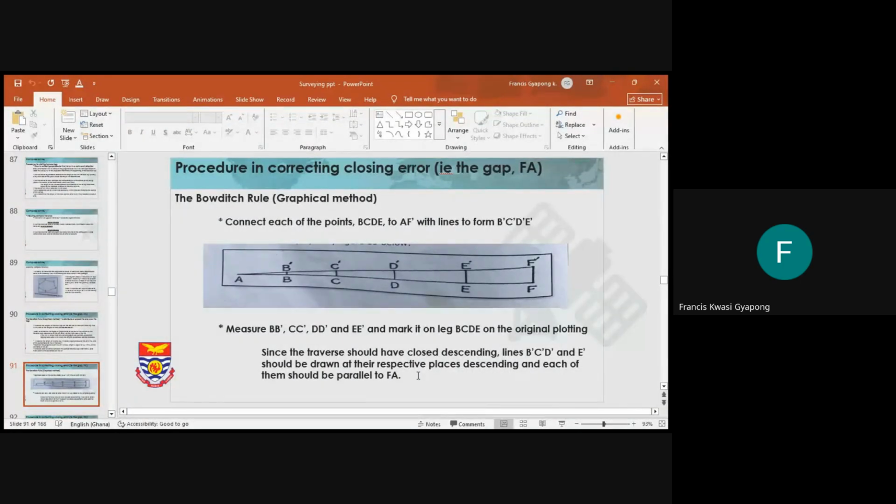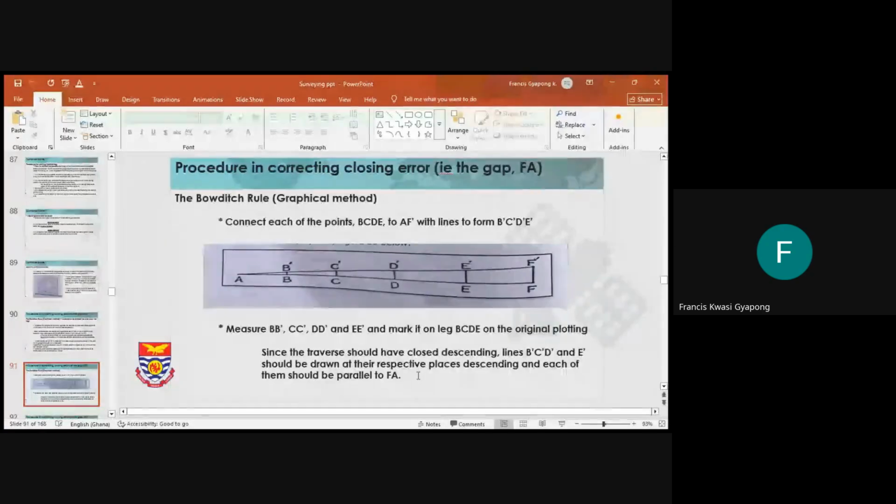Then BC, that was traverse leg BC, the length you plotted. CD, DE, EF, and so on. Therefore, each of the perpendicular lines standing between D and D prime, B and B prime, C and C prime, E and E prime, stand for the share of that traverse leg of the error that we identified.